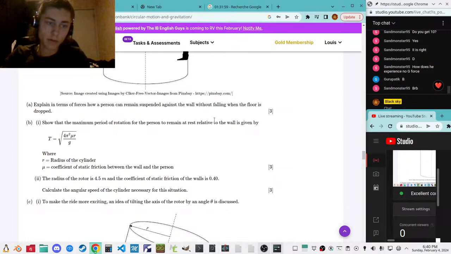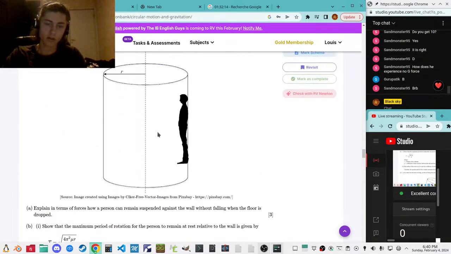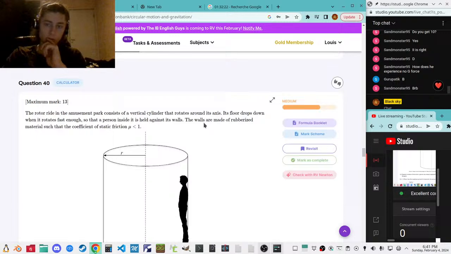Explain in terms of forces how a person can remain suspended against the wall without falling when the floor is dropped. So as long as the coefficient of static friction times the normal reaction, as long as the friction force down is equal to the weight.